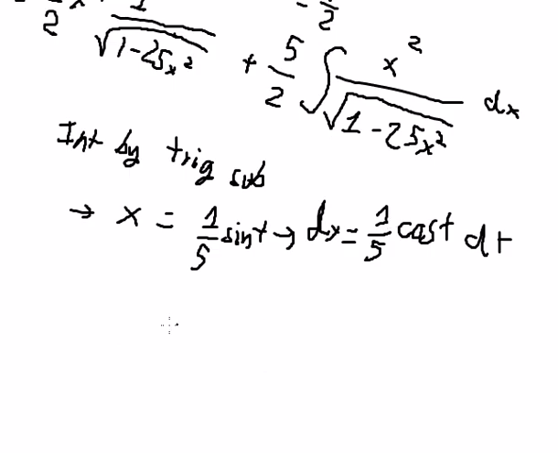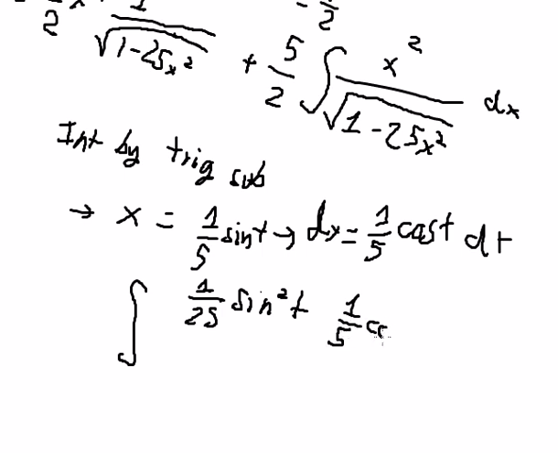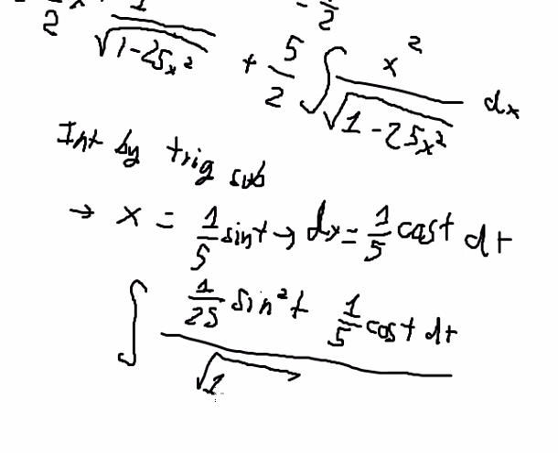So we put this one in here, and we got 1 over 25 sine t squared. You got 1 over 5 cosine t dt. So this one you got 1 minus sine t squared, because we just cancel 25 with 1 over 5 squared in here.